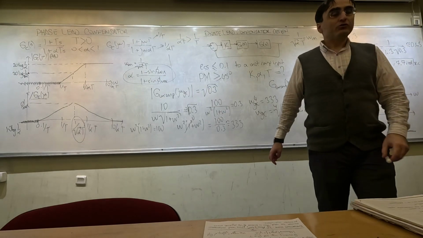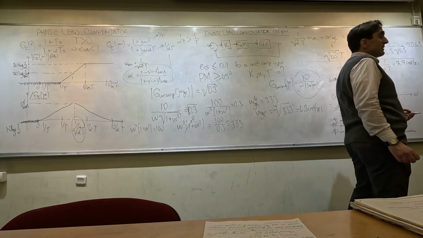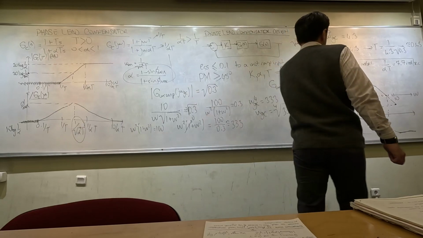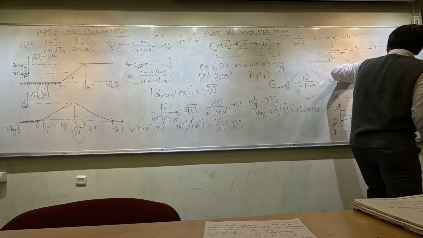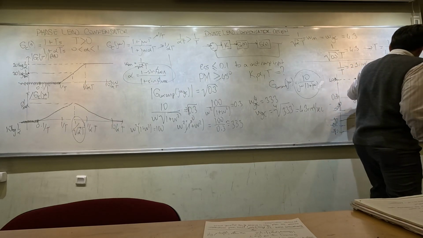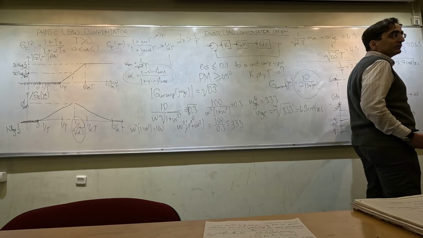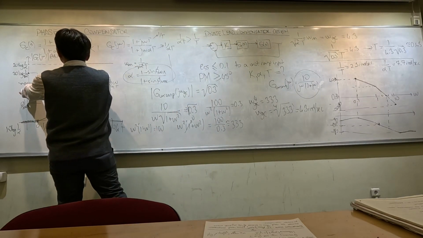Okay? So here, when I look at what happens in the magnitude, when I add that compensator here is what is going to happen. The magnitude of the compensated system is going to continue to be the same until we hit the first corner frequency, because this magnitude is 0 in this interval.